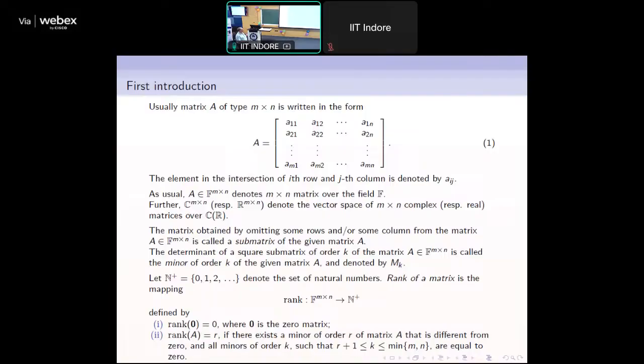The rank of an arbitrary matrix A is equal to r if there exists a minor of order r which is different from 0 and all minors of bigger orders are equal to 0. It means that matrix rank is equal to the order of the biggest non-singular minor.